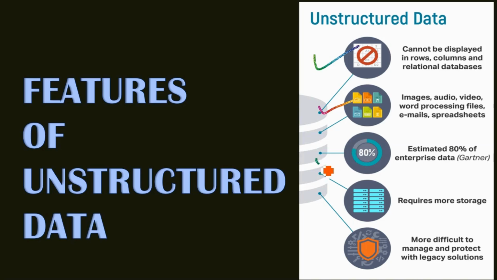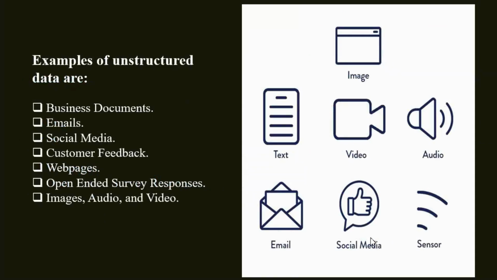An estimated 80% of enterprise data requires more storage and is more difficult to manage and protect with legacy solutions, unlike the structured one, which is very easy to manage. Some examples here are business documents, emails, social media, customer feedback, web pages, open-ended surveys, and image and audio files. You can actually browse more.